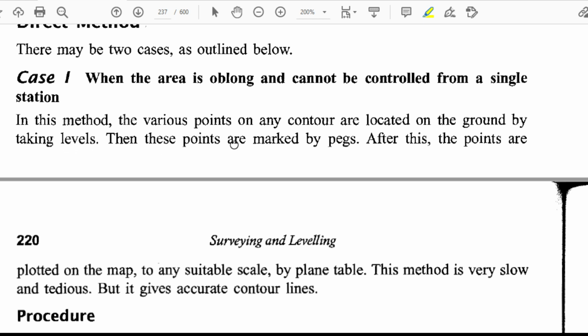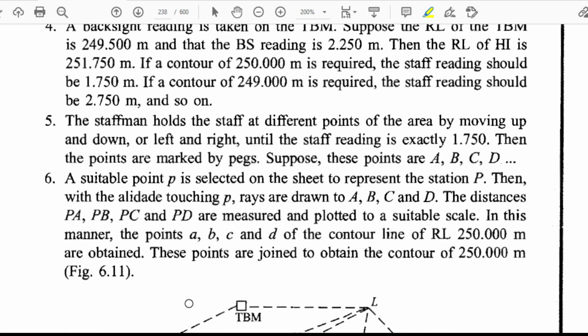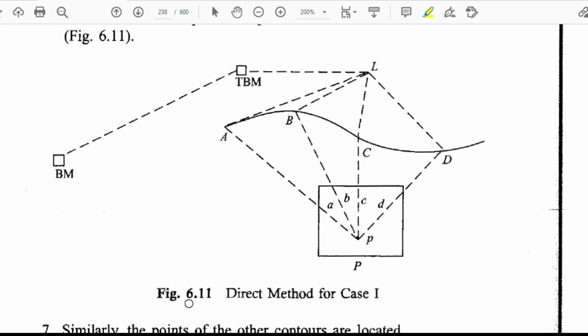Then these points are marked by pegs. After this, the points are plotted on the map to any suitable scale by using plane table. This method is very slow and tedious, but it gives accurate contour lines. We'll see the diagram for direct method for case 1.